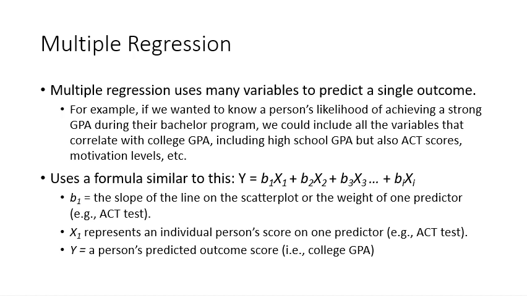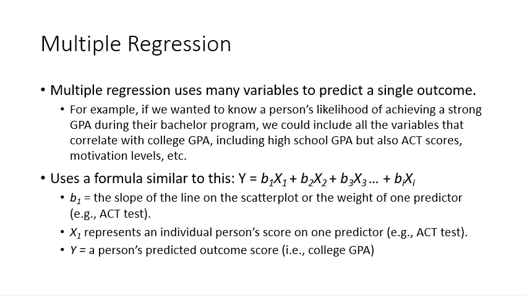So what we're doing is we're taking all the correlations that we found for large groups of people who have gone to college. And from those people, we can develop a formula based on those correlations and partial correlations. And then we can plug that formula into an individual who's applying for college. So the X is representing an individual score.